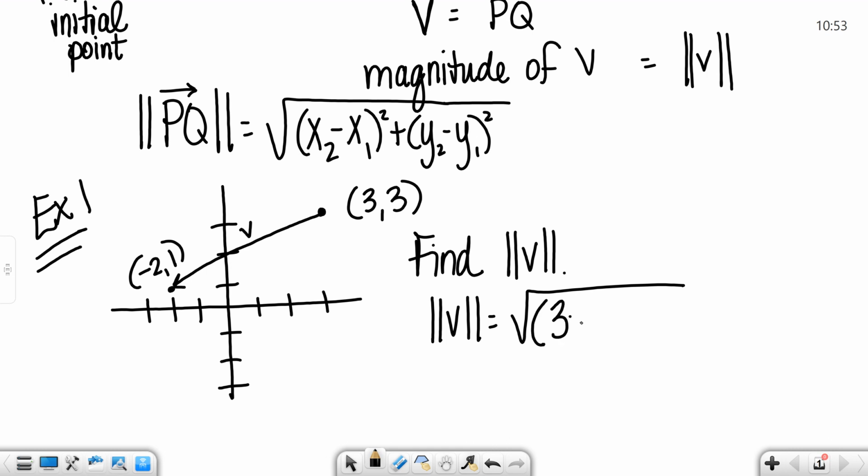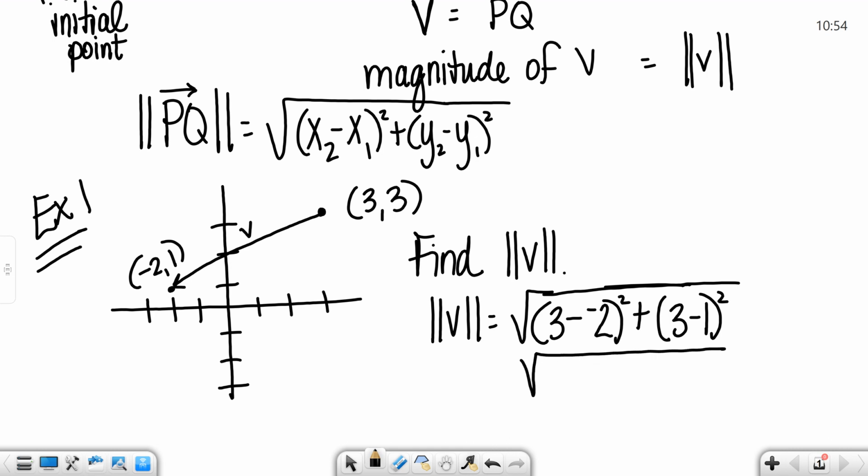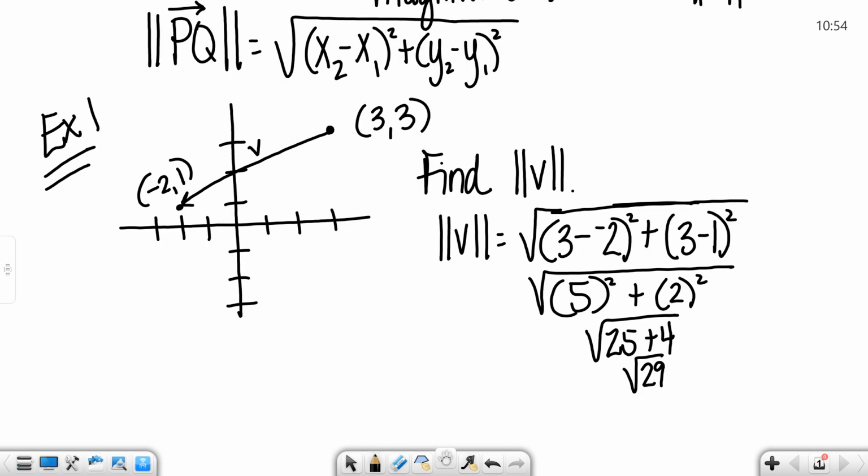I'm sorry, my formula up there, I wrote x minus x first, so as to not confuse anyone, that's what I'll do. x minus x squared plus y minus y squared. This minus negative is really a plus 2, so that would be 5 squared plus 2 squared. And I get the square root of 29.